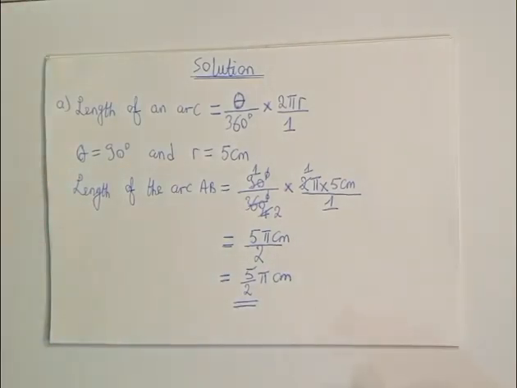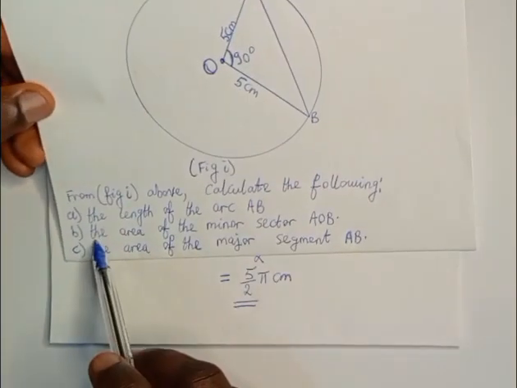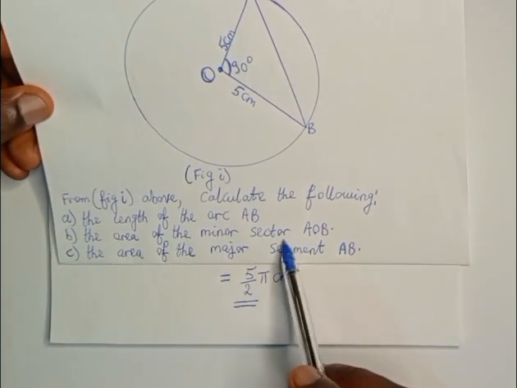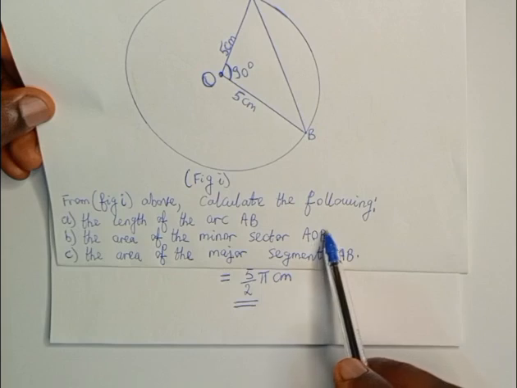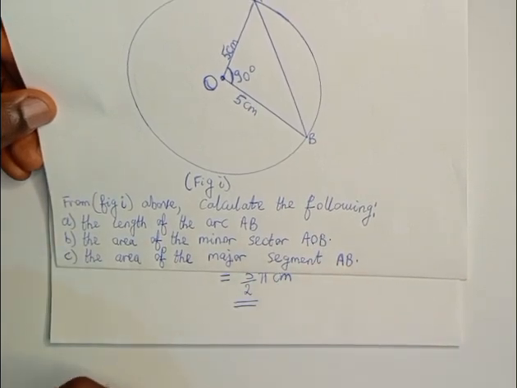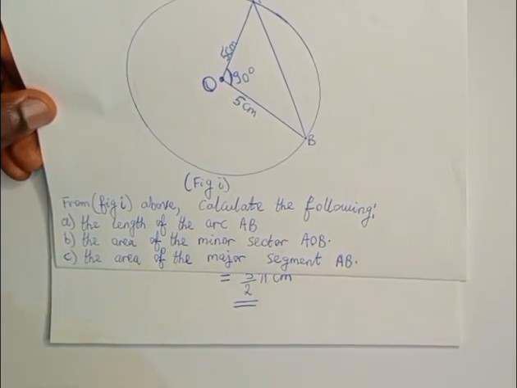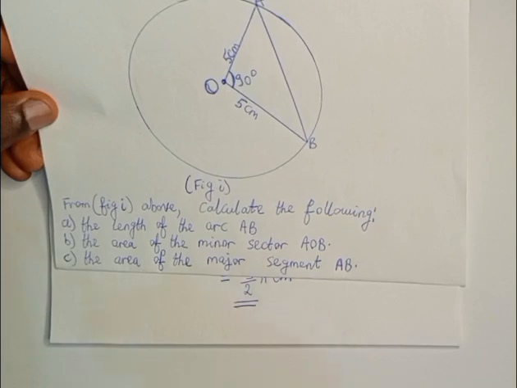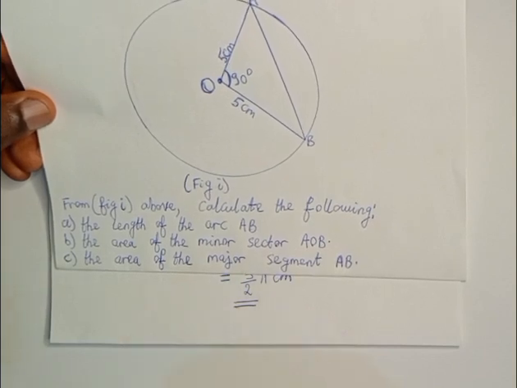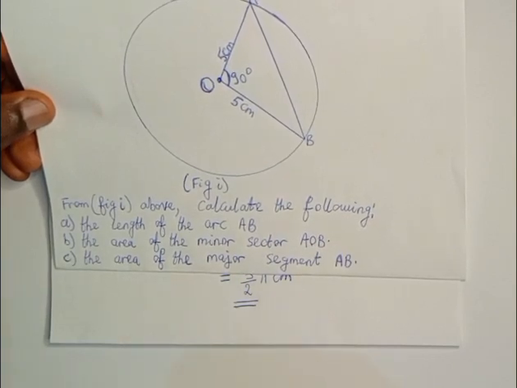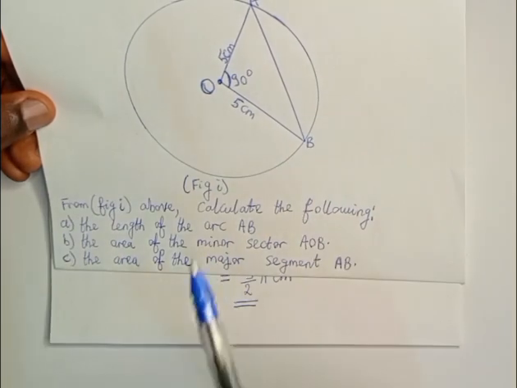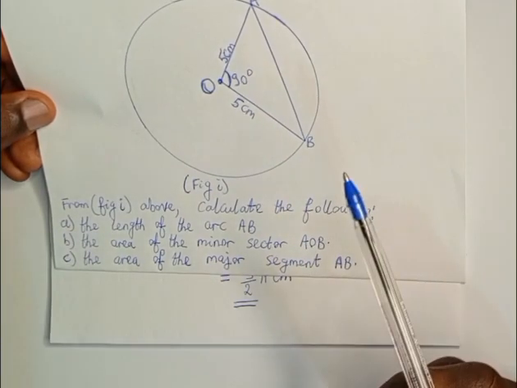We move now to question B. Question B is asking us to calculate the area of the minor sector AOB. Remember, a sector is simply that portion of a circle which is bounded by 2 radii and an arc. Minor, that means the smallest sector.